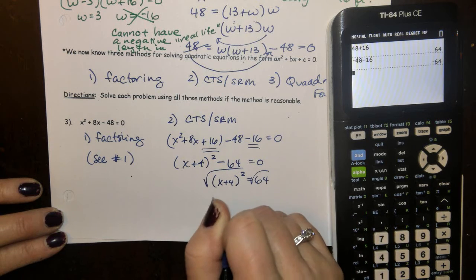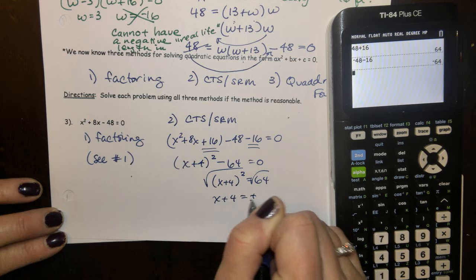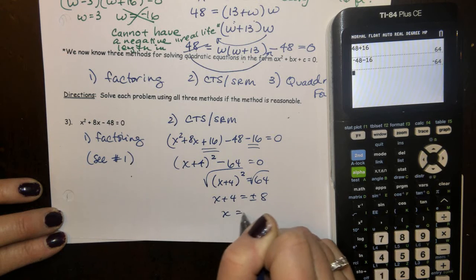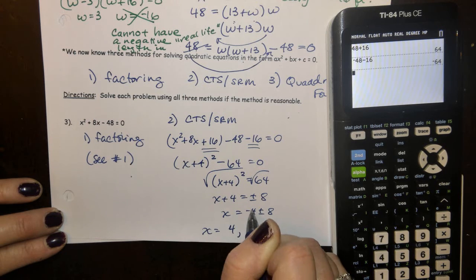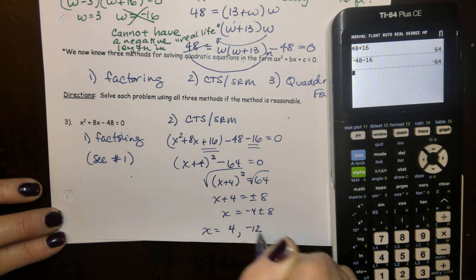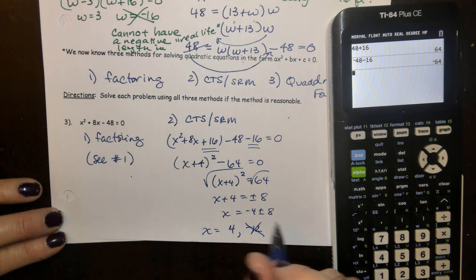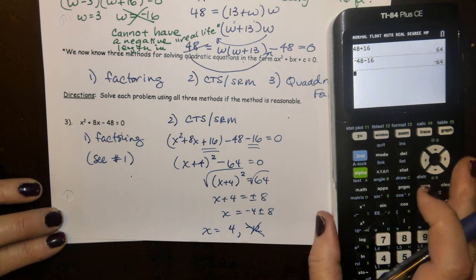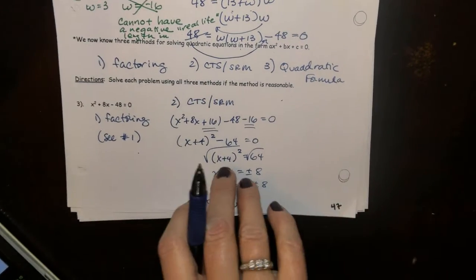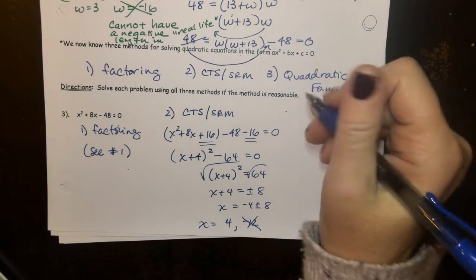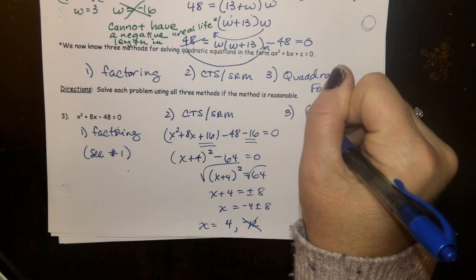Square root: X plus 4 equals plus or minus 8. X equals negative 4 plus or minus 8. Don't leave it like that. Negative 4 plus 8 is 4. Negative 4 minus 8 is negative 12, which gets the boot. Then you follow that same process again: 4 feet, and 4 plus 8 is 12. All right, and then just to recap the quadratic formula.